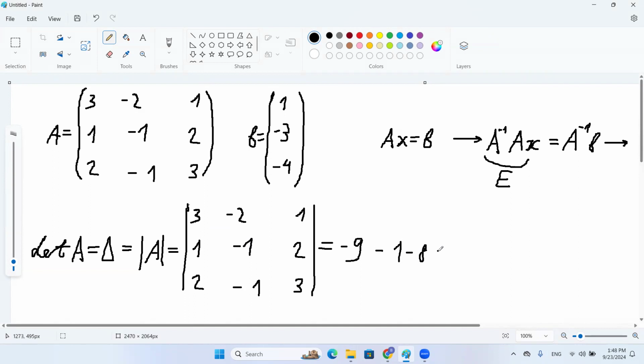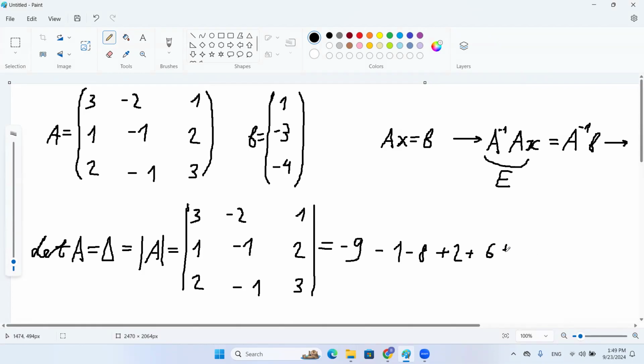Then we have plus 2, plus 2, plus 6, and plus 6 again.